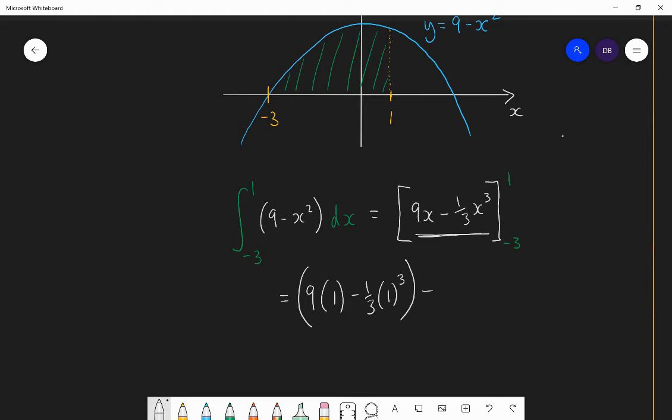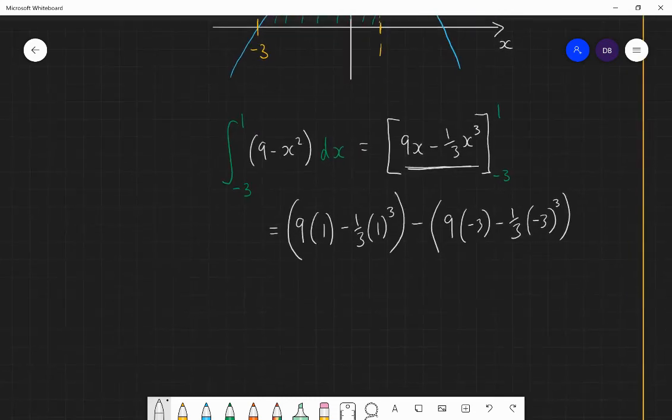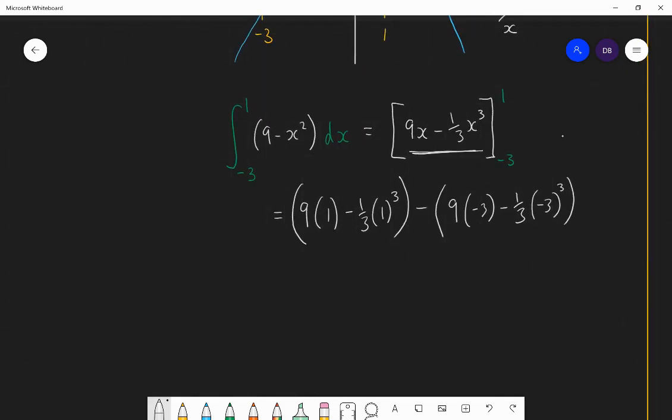And then we subtract 9 lots of minus 3 minus a third of minus 3 cubed. So always better to do this, especially if calculations aren't too complex, which this isn't, much better to do it in your head because you can easily go wrong by plugging things into your calculator. So get a good sense yourself and then check with your calculator if you want to.